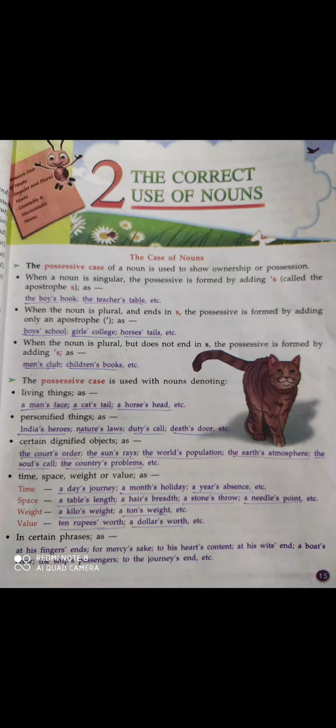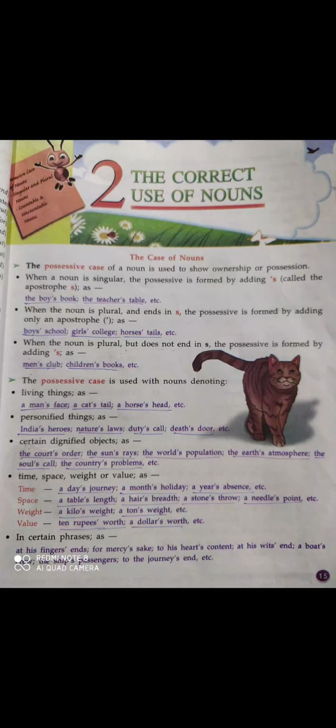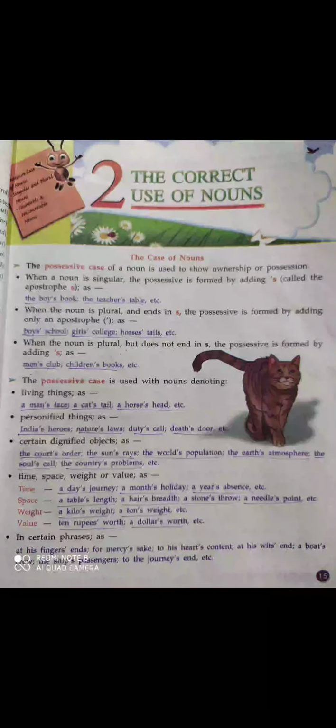The possessive case is used with nouns denoting living things. For example, a man's face, cat's tail, horse's head. Okay, so possessive case, apostrophe s, is used with some living things like man's face.